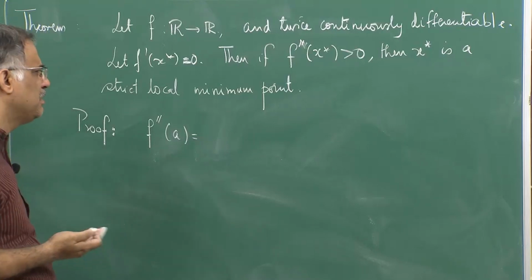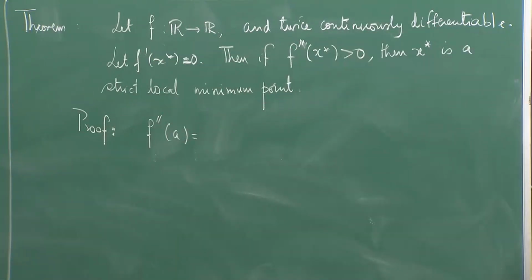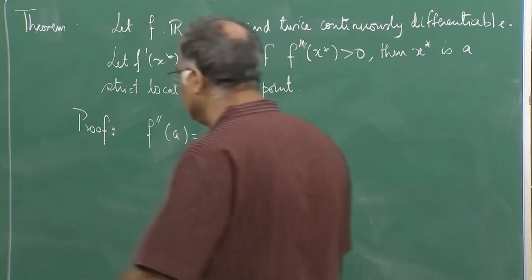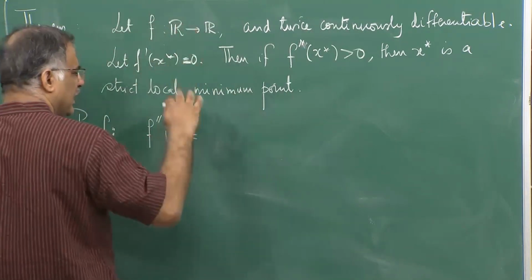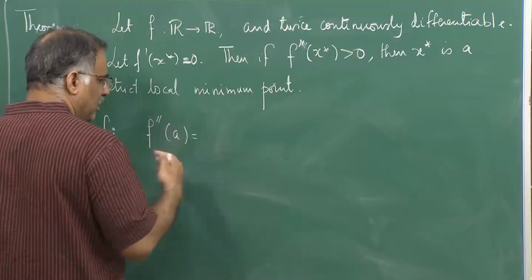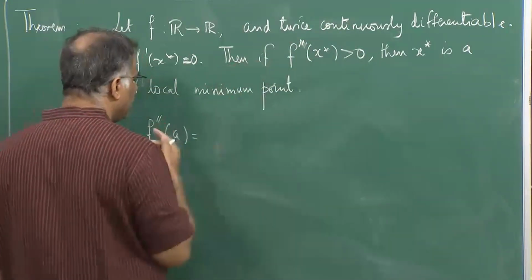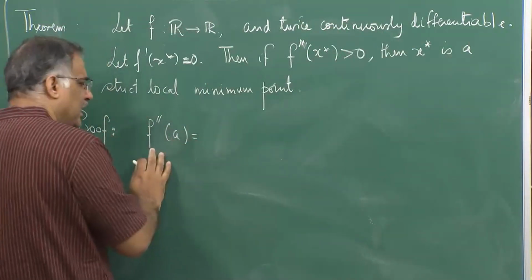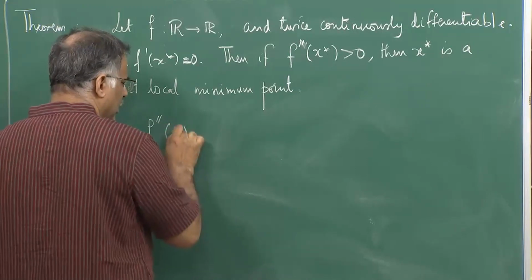Maybe twice continuously differentiable might not be required, just twice differentiable is required, but in standard problems, the use of this word twice continuously differentiable would be helpful when we talk about Taylor's theorem and use Taylor's theorem to actually prove this result. We will prove this result again in a different way, but still it does not matter if you keep this. If we do not want to take it continuously second differentiable, that would do. Second derivative exists at x star, sorry, is enough.